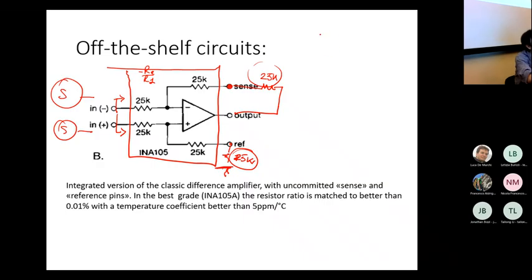So we have a source which generates the voltage. We have RS. We want the input resistance of the following amplifier circuit to be as large as possible in order to have a small voltage drop across RS.